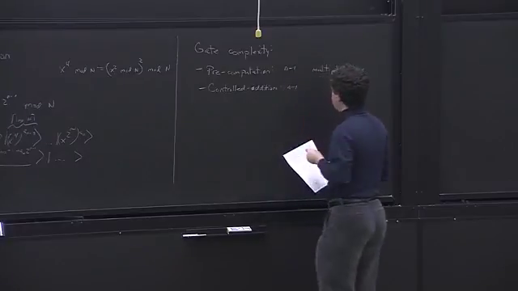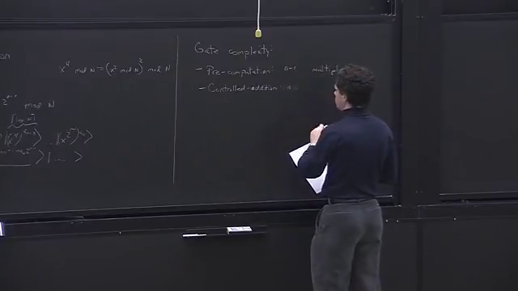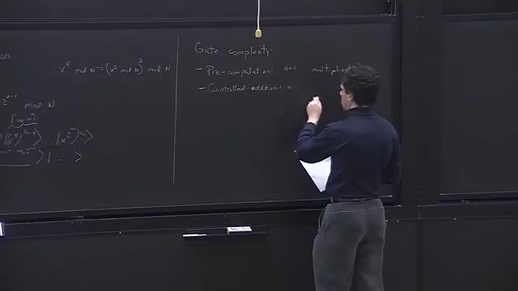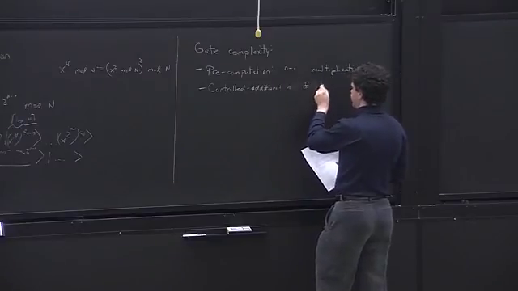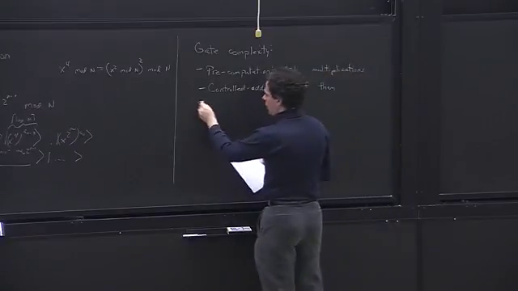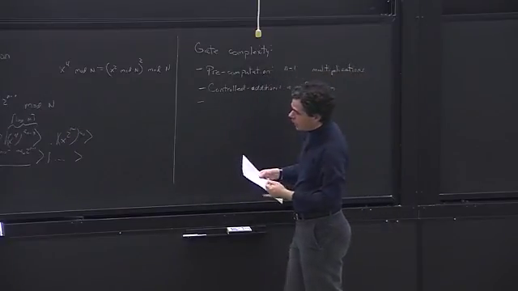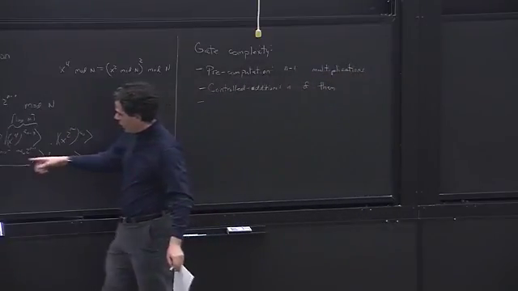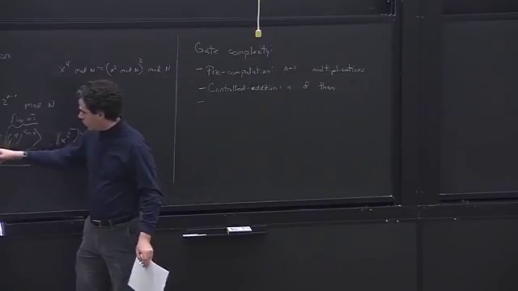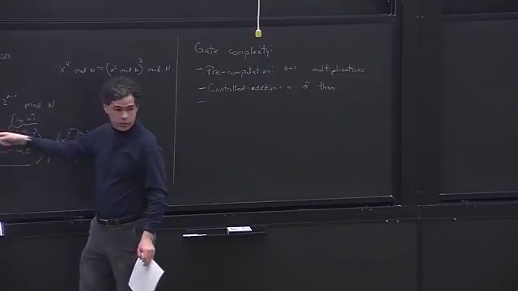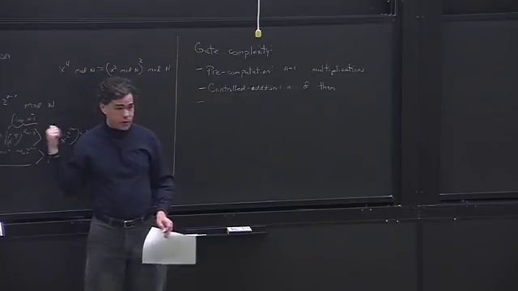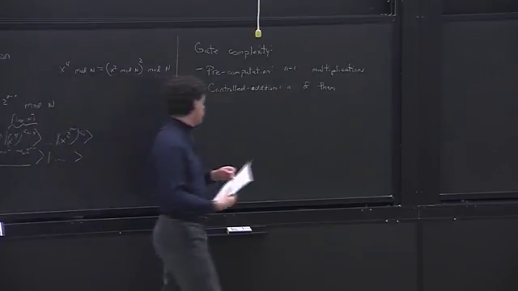And the multiplication: we have to multiply together these n numbers, so there's n minus 1 multiplications.